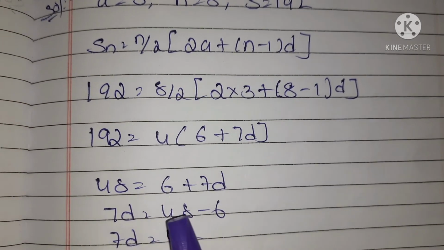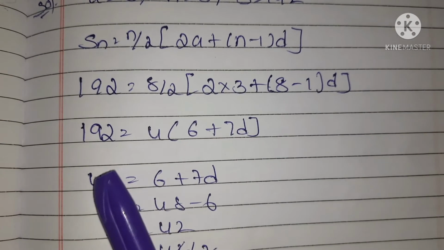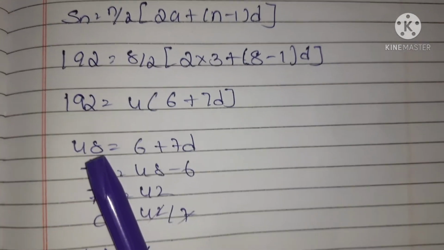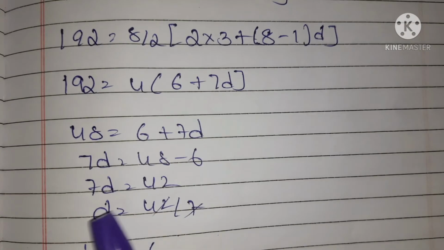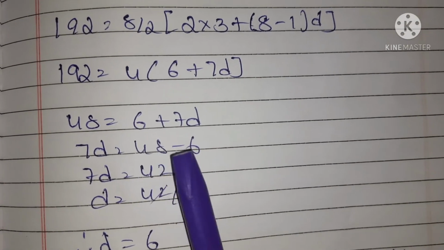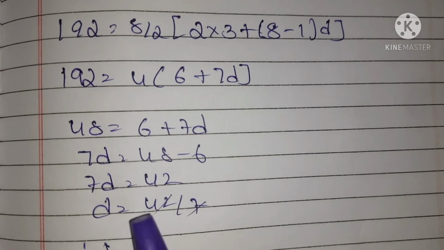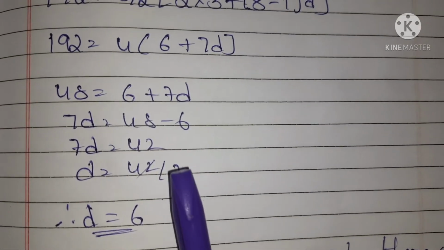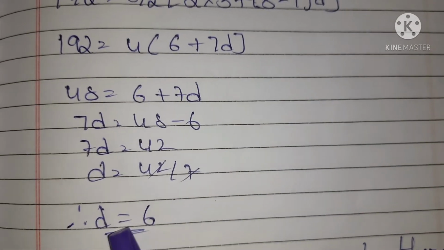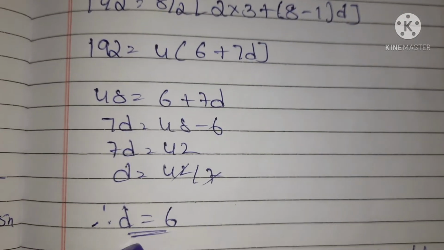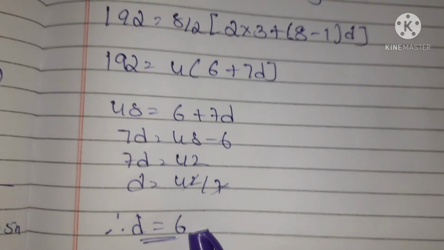Now 7D is equal to 48. This plus 6 comes to the left hand side, it will be minus 6. 7D is equal to 48 minus 6 is 42. Now D is equal to 42 by 7, which is 6. Therefore D is equal to 6. Here D value is 6.